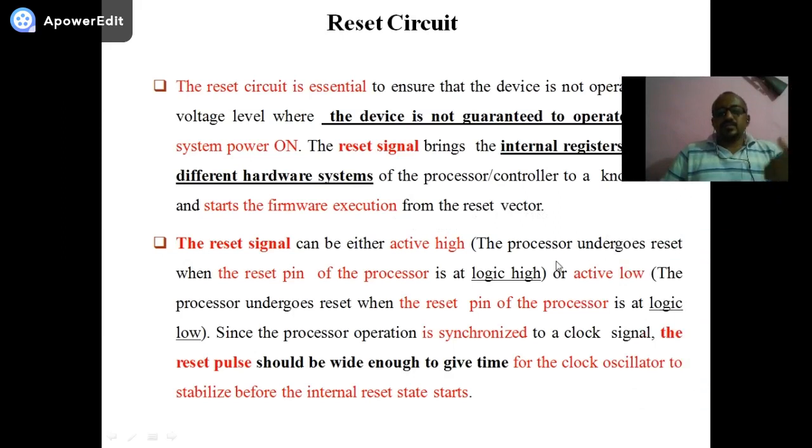The device will be set to its default internal values, so the program execution starts from the beginning. This reset pulse should be wide enough to give time for the clock oscillator to stabilize before the internal reset state starts.